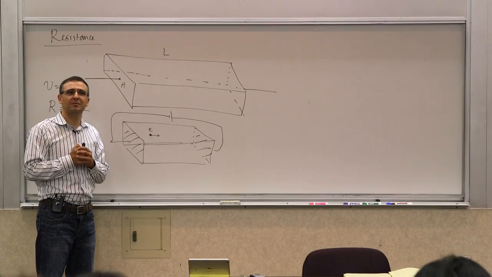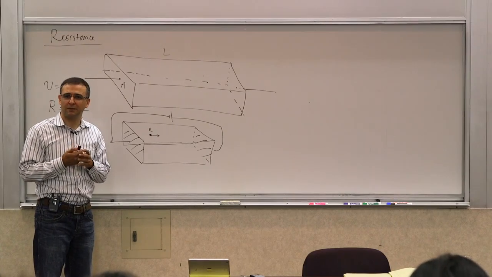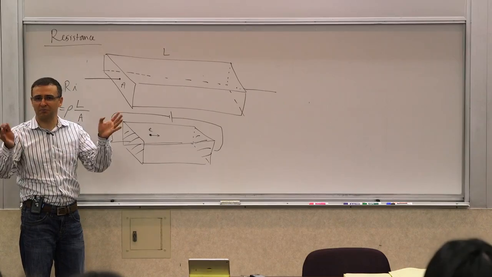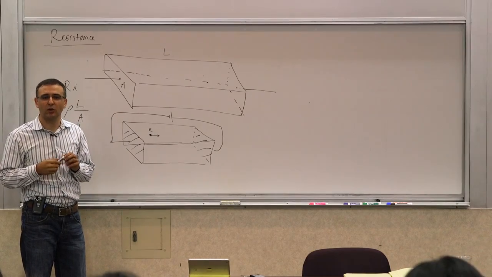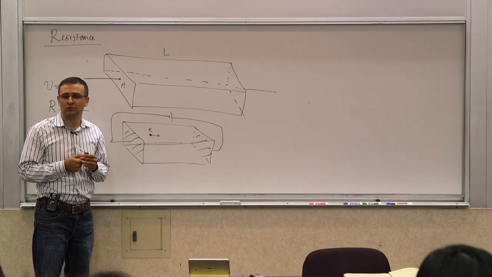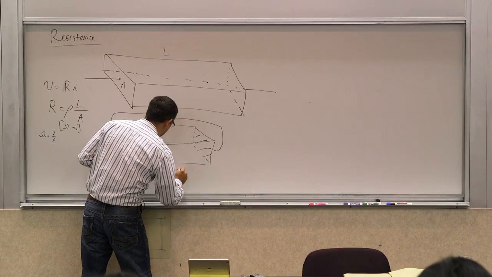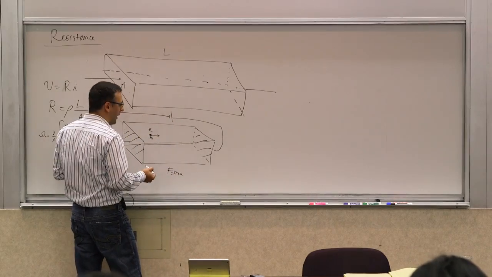What determines that acceleration? The electric field. What law of physics determines the rate of acceleration? The force, Newton's second law, F equals ma. It also has a mass, which it does.